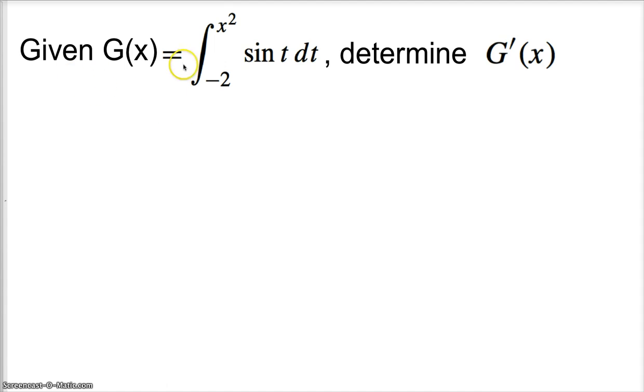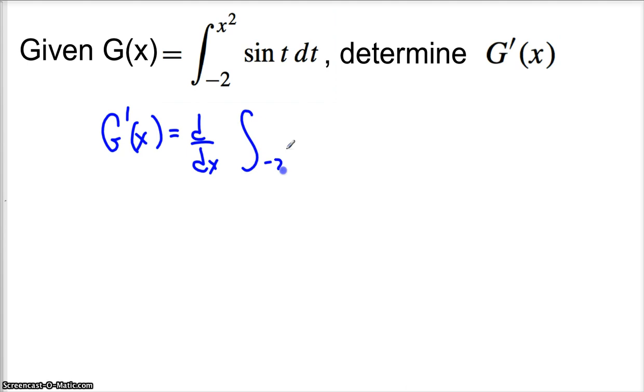So let's differentiate both sides of the equation here, with respect to x. So g prime at x is equal to, we'll differentiate this side here, the integral from -2 to x squared of sine t dt.